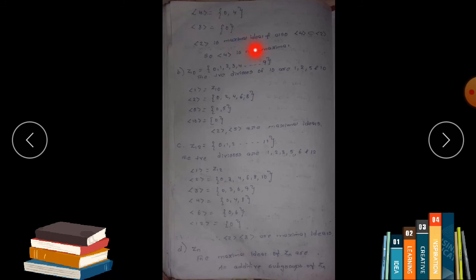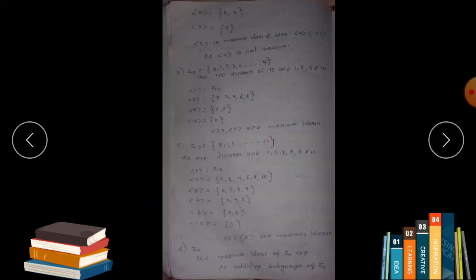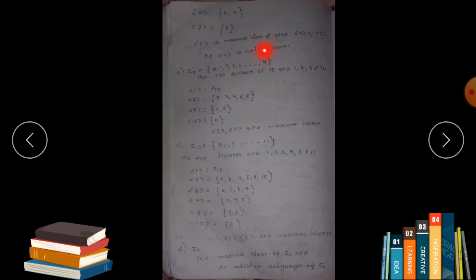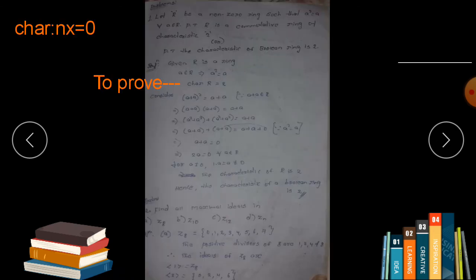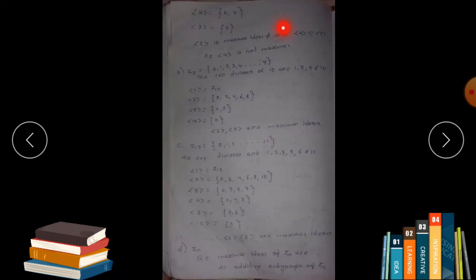Now you see generator, how we will write the maximal ideal: 0 and itself value. Here in generator 2 you have 0 and 2. In generator 4 you have 0 and 4. See here, already 0 and 4 are there in the generator 2, so we can write generator 4 is a subset of generator 2.